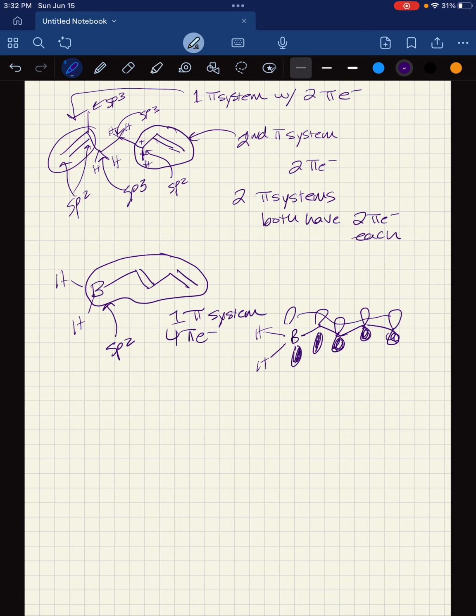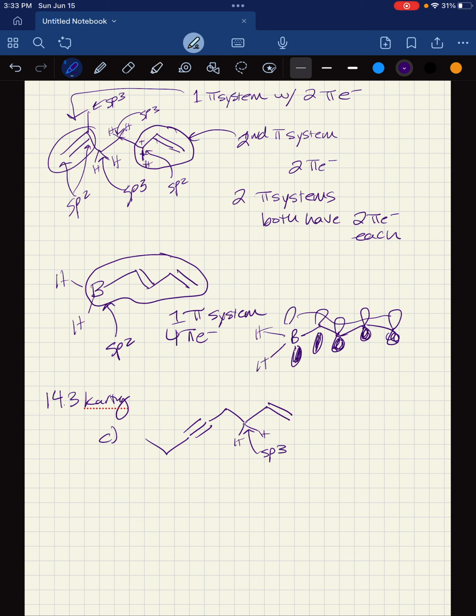Now, by the way, this is question 14.3 from the Carty book. When we get to question C, here we have a carbon atom that is sp3 hybridized.